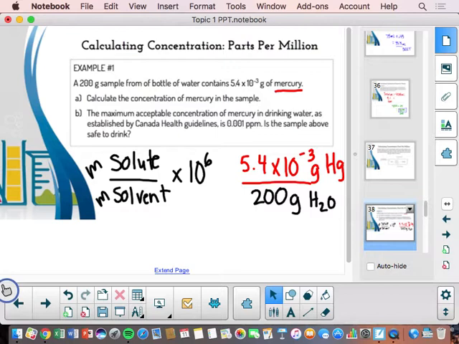So if we divide those two numbers and then multiply it by 10 to the 6, we should get our answer. And I don't have a proper calculator to do that. Just give me 1 second. Second function.